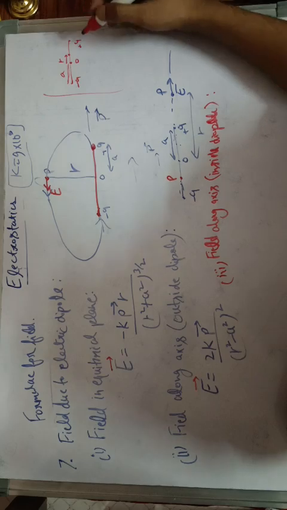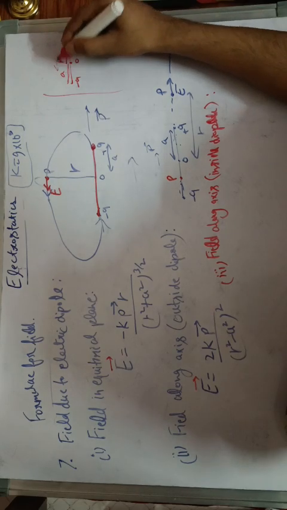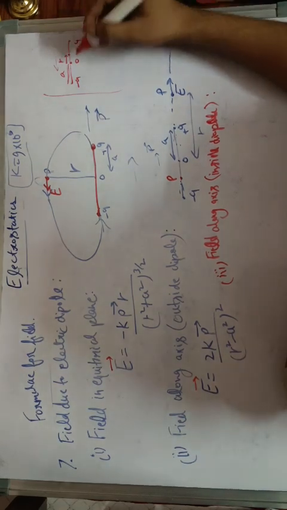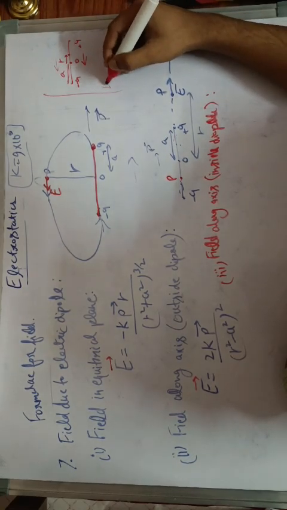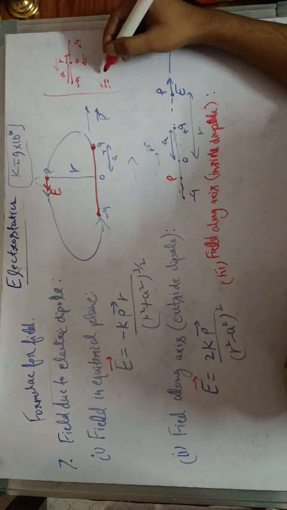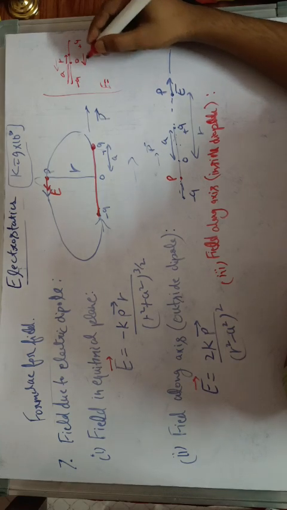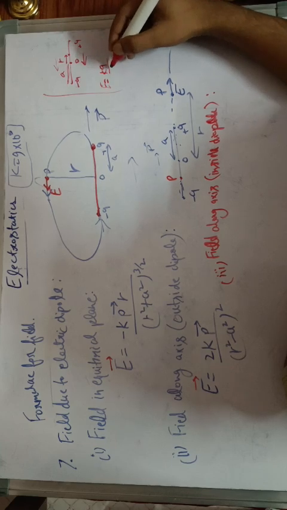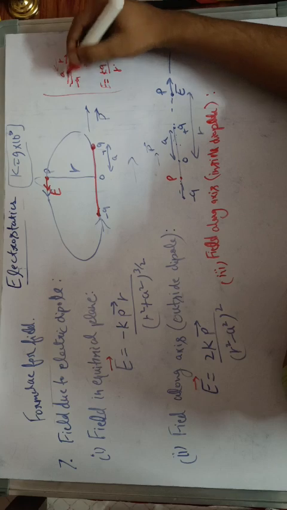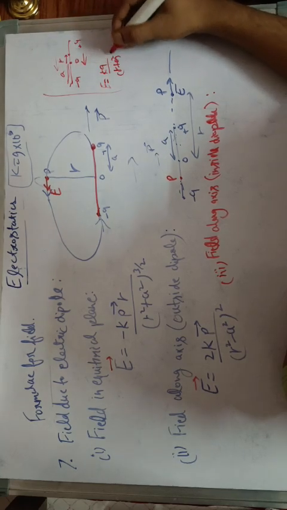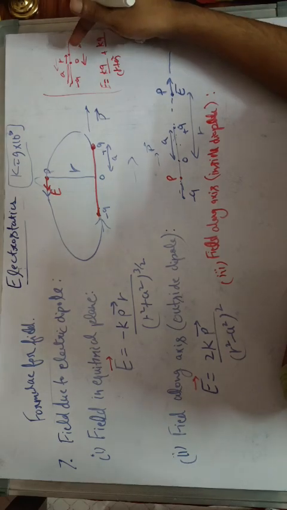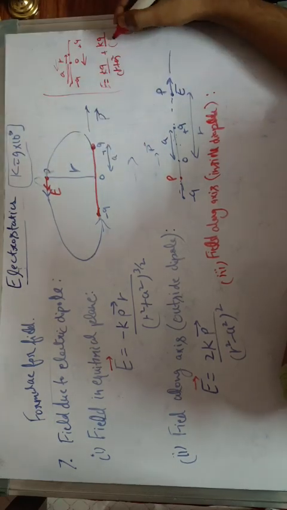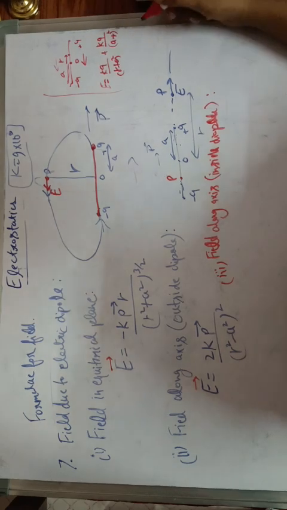Then the field at this point, this will make field in this direction, and negative charge will also produce field in this direction. The electric field will be equal to kq upon, due to negative charge, r plus a whole square, and due to positive charge, a minus r whole square, along the same direction.